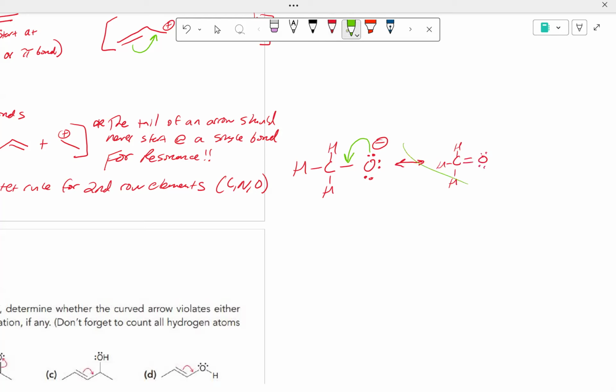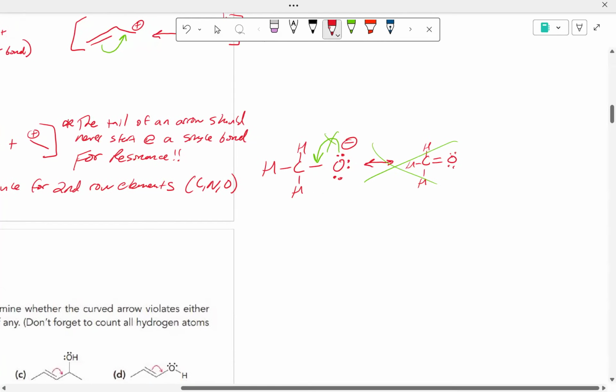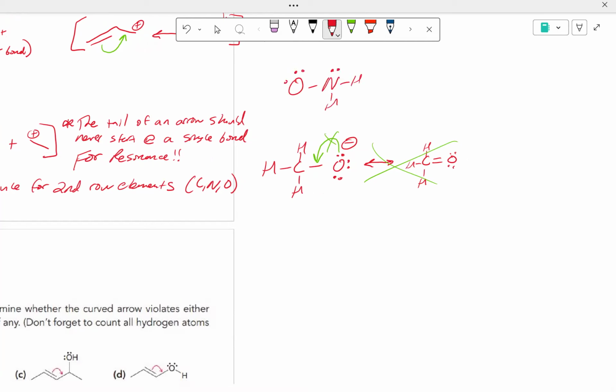So that's very bad. Never do that. Or, if I were to use nitrogen as an example. If I move these here to form a nitrogen-oxygen double bond, that would put 10 electrons around nitrogen.